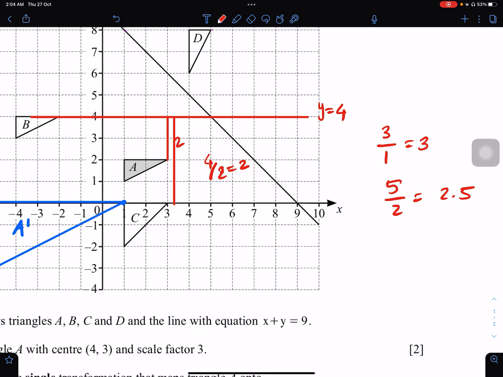If I look at the same thing from the other side, this distance is 2 units, while from the same invariant line the corresponding point is 4 units away. So 4 upon 2 is 2. That is matching with our previous stretch factor.